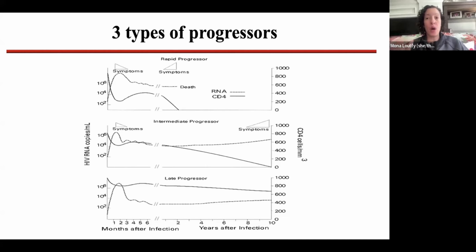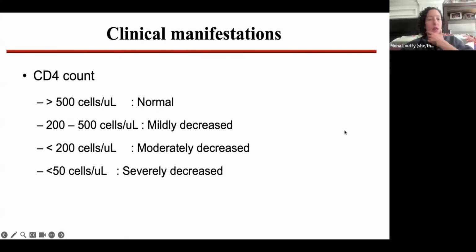Because in a bone marrow transplant, you wipe out every white cell in the body. That's why it has such a high risk of mortality. And then they got a bone marrow transplant from somebody who has a genetic mutation that causes them to be an elite long-term non-progressor. And then they're cured because every white cell is replaced.